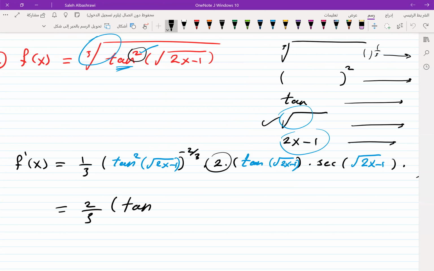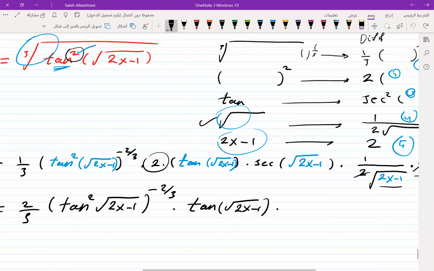tangent square of 2x minus 1 to power minus 2 over 3 multiplied by tangent square root of 2x minus 1 multiplied by secant square. This is secant square.